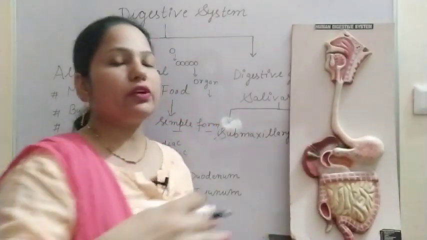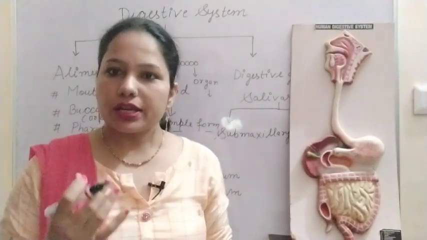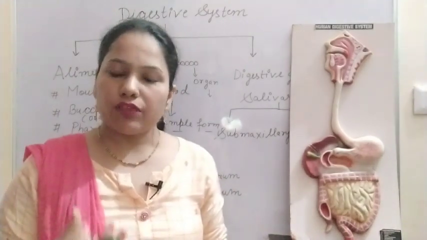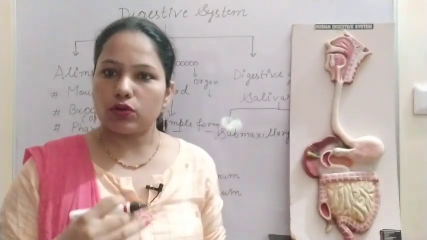In the oral cavity, different types of teeth are there, tongue is also there, and different types of glands, salivary glands, that we will discuss in detail also.